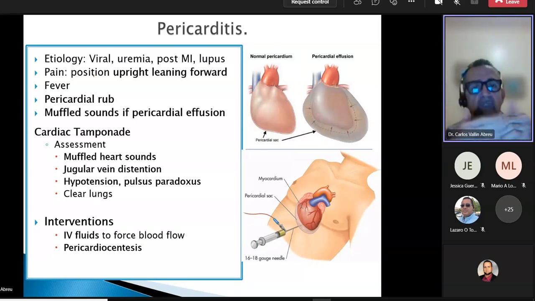Maybe they are not closing properly and they are incompetent, having regurgitation of blood. Or maybe in the healing and scarring they are left too narrow, and it's called stenosis, mitral stenosis. Those are the clients who had this condition in the past that more frequently have endocarditis.